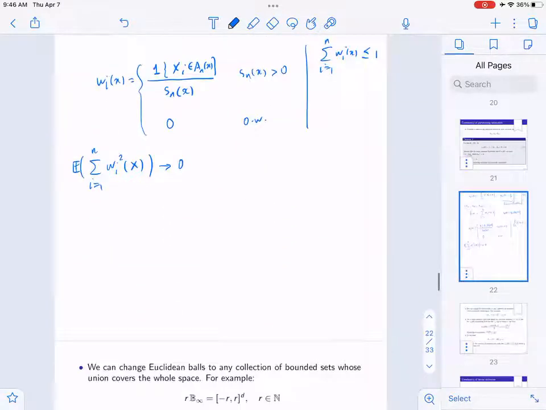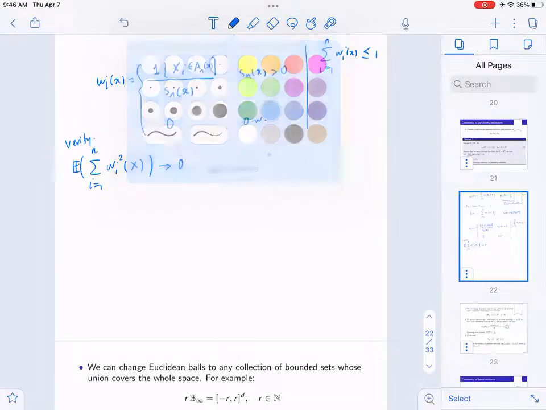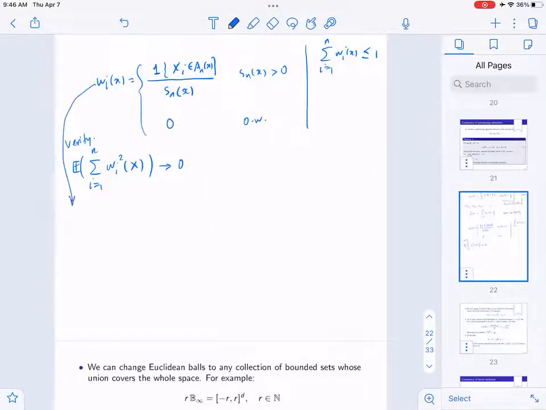So to verify this, what I'm going to do is apply it to a fixed x first. If I apply it to a fixed x, what do we get?